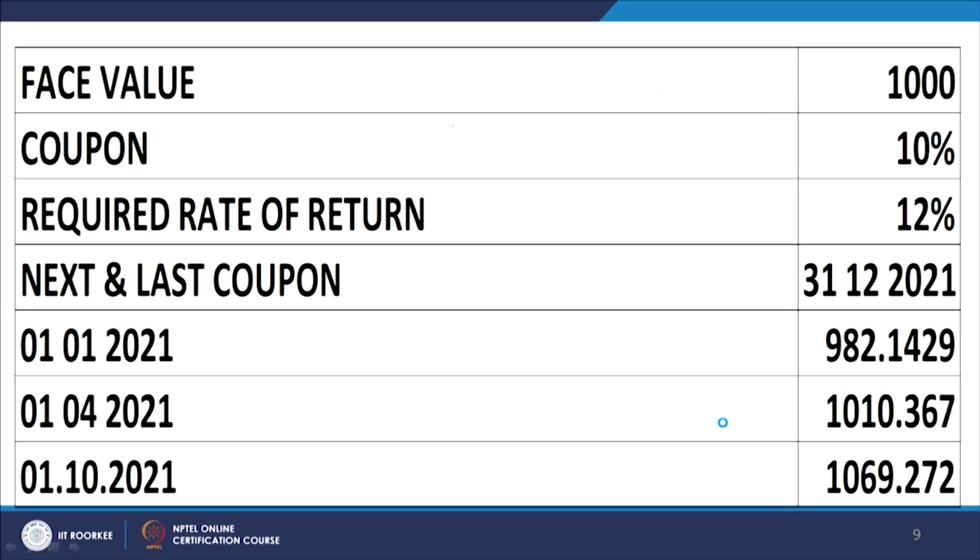The closer we are to the point at which a particular cash flow is likely to occur, the lesser is the impact of discounting. If you discount a cash flow way distant into the future, you will get a very small value. If you discount the same cash flow very close to the date of occurrence of that cash flow, you will get a value which is very close to that cash flow. That is natural because the discounting period gets reduced irrespective of the rate of interest, provided it is positive.